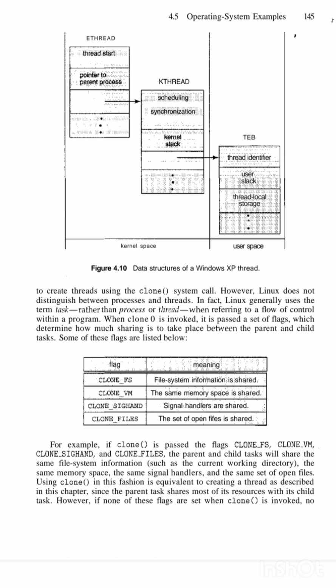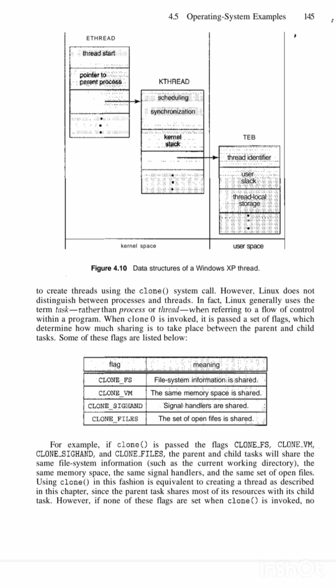Some of these flags are listed below. Flag meaning: CLONE_FS, file system information is shared. CLONE_VM, the same memory space is shared. CLONE_SIGHAND, signal handlers are shared. CLONE_FILES, the set of open files is shared.